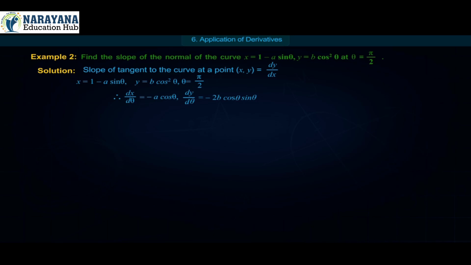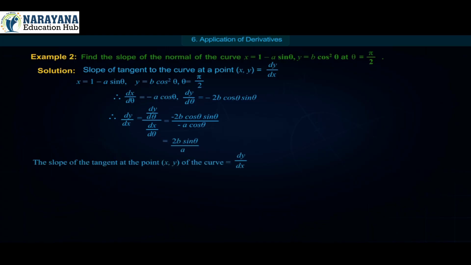Therefore, dx by d theta is equal to minus a cos theta. dy by d theta is equal to minus 2b cos theta sin theta. Therefore, dy by dx is equal to dy by d theta upon dx by d theta is equal to minus 2b cos theta sin theta upon minus a cos theta is equal to 2b sin theta upon a.